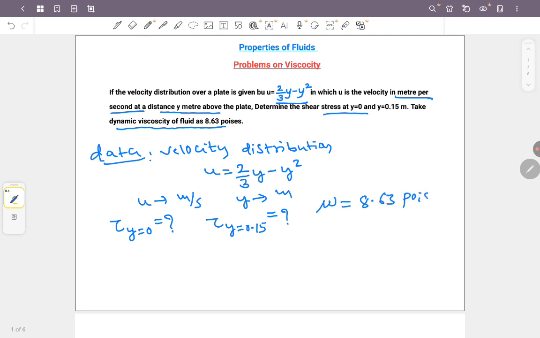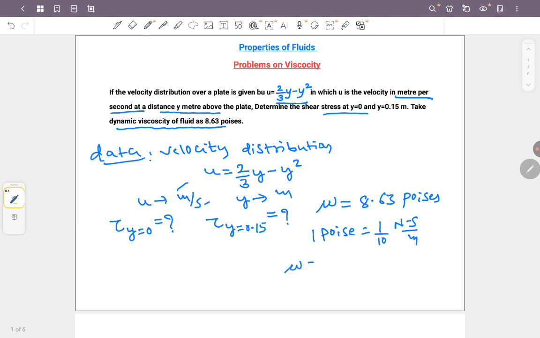Normally the unit of viscosity is poise or Newton second per meter squared. But we want Newton second per meter squared here, because the velocity is in meters and seconds, so we want to convert. The standard conversion is 1 poise equal to 1 by 10 Newton second per meter squared.